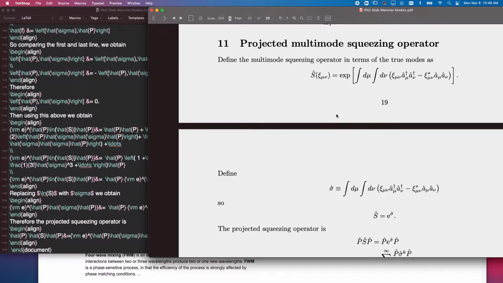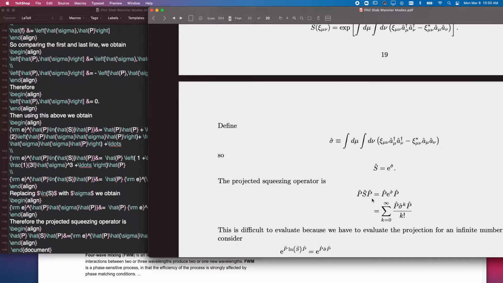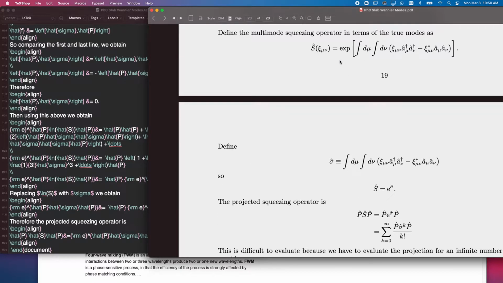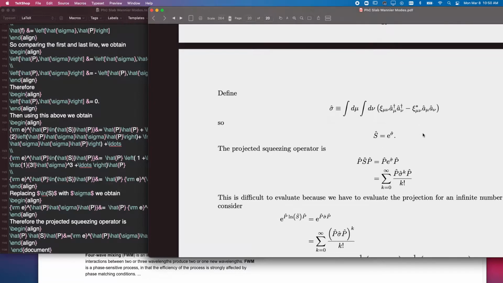In order to do that, I have to sandwich the squeezing operator between the two projection operators. And initially this seems like a very complicated thing to do because if I expand this exponential operator in a Taylor series, where sigma is just whatever's in the exponent, then it looks like at first glance that I have to project every power of that argument.